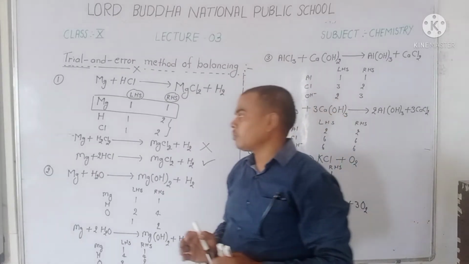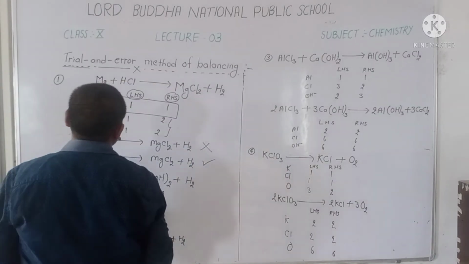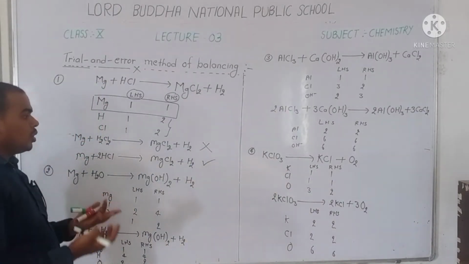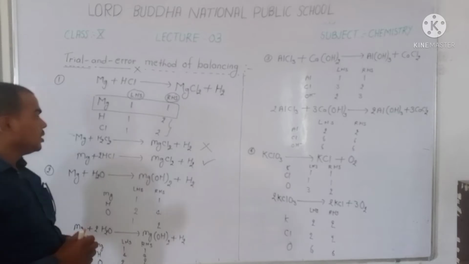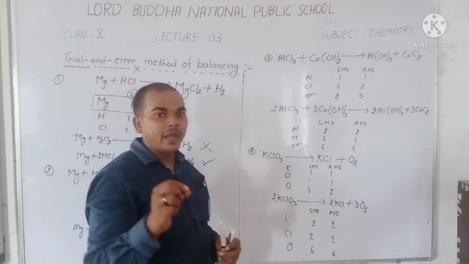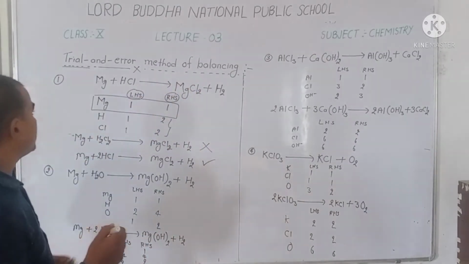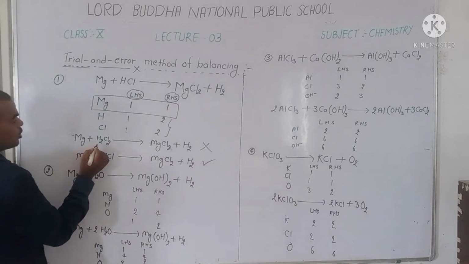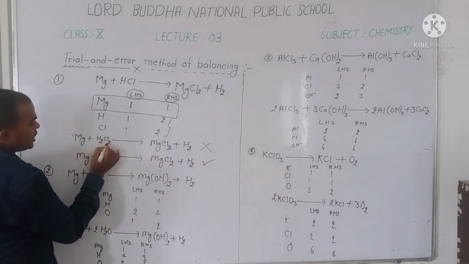How do we balance hydrogen and chlorine? Someone may balance by putting H2 in place of hydrogen and Cl2 in place of chlorine.